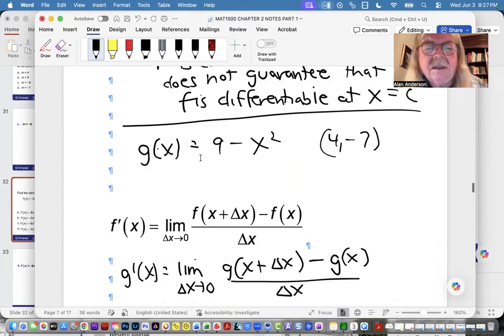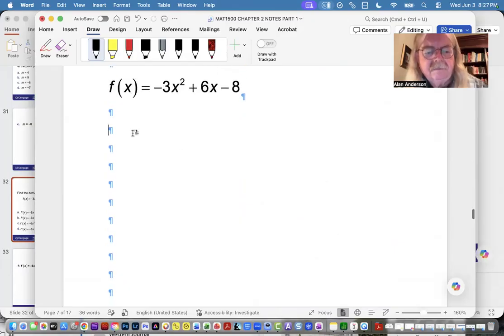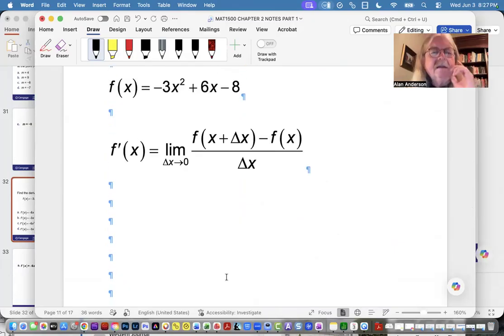Oh, I see what I did. Okay, so what we have to do is solve for f of x plus delta x.